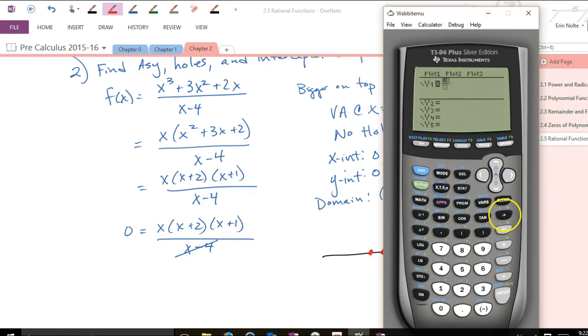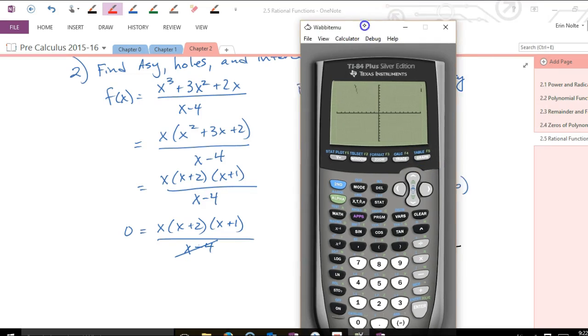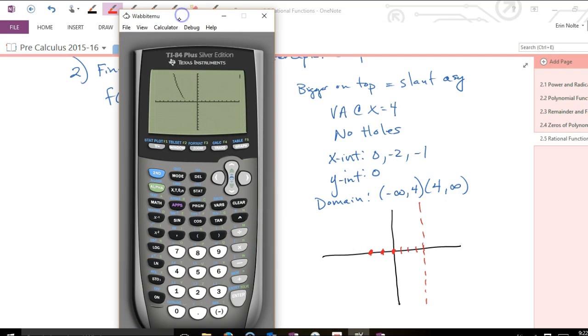So I have x cubed plus 3x squared plus 2x all over x minus 4. Okay, so draw that and pull this over here so I can put it onto my paper.